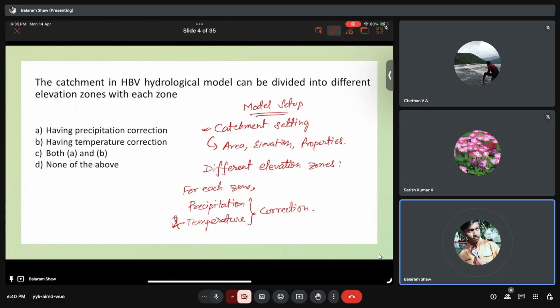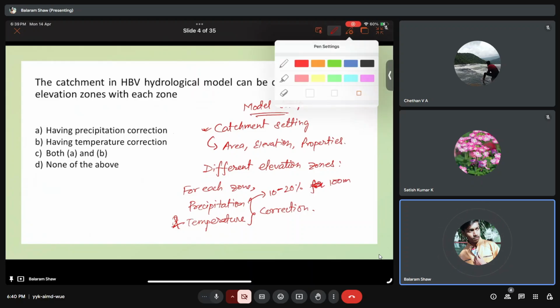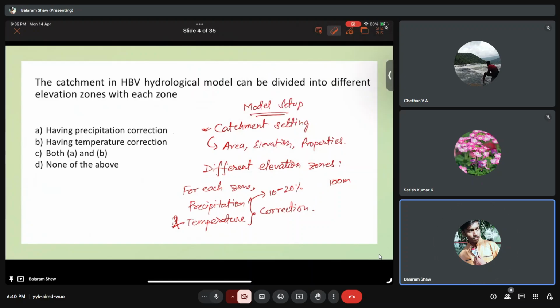So for each zone, precipitation will be corrected according to its increase with the elevation. So if the elevation is increasing, then how precipitation will change above sea level. Usually we consider 10 to 20% per 100 meter.